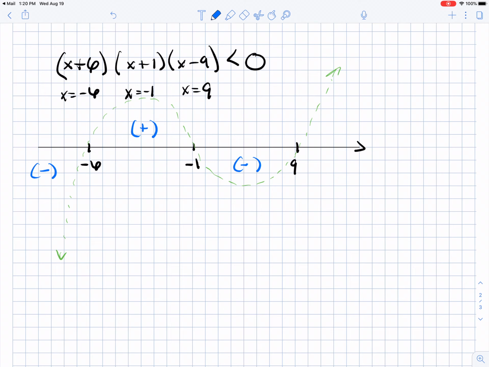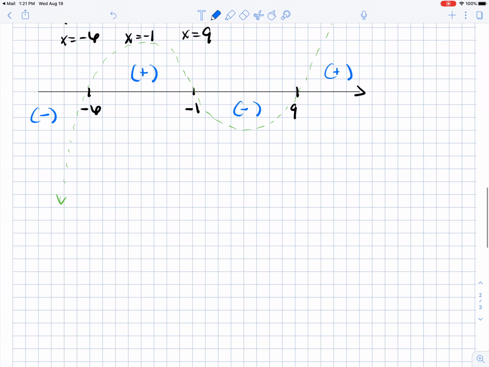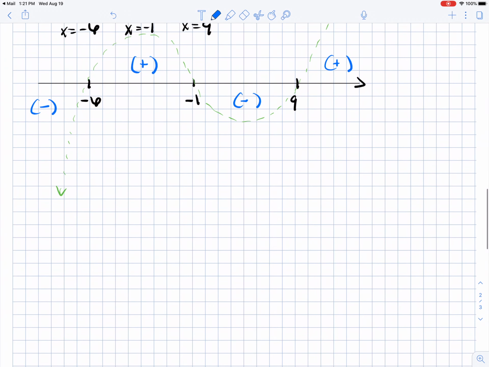To the right of 9, say 10, everything is positive, so the product is positive. Again, the original question is asking when the polynomial is negative, or less than 0. So we confirmed our intuition by choosing points in those intervals.